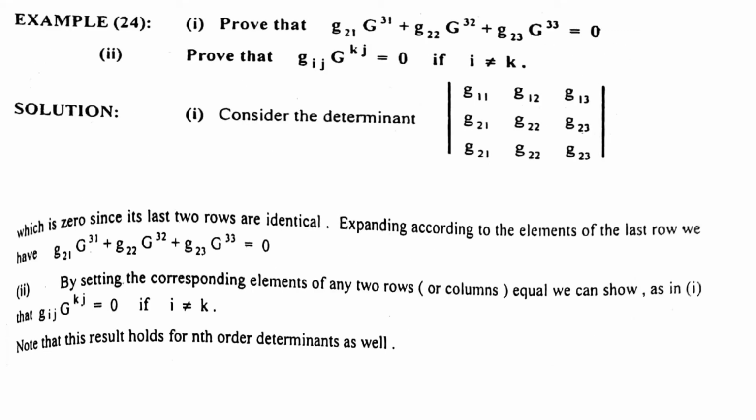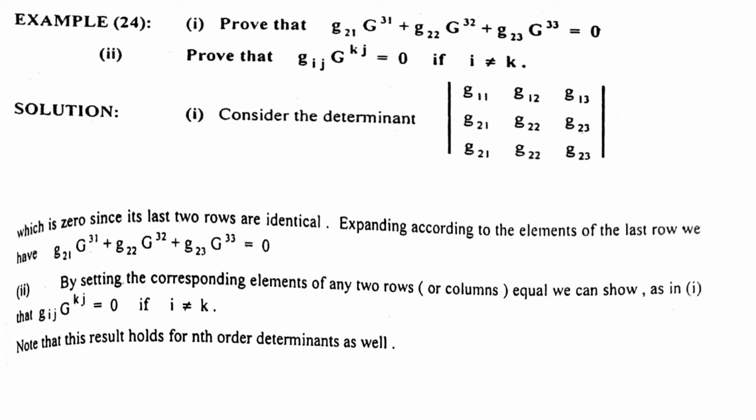Next example: prove that g21 G31 plus g22 G32 plus g23 G33 is equal to 0. Actually here we are multiplying the cofactors with other terms. I can say we are multiplying the second row elements of the matrix with the cofactors of the third row elements.